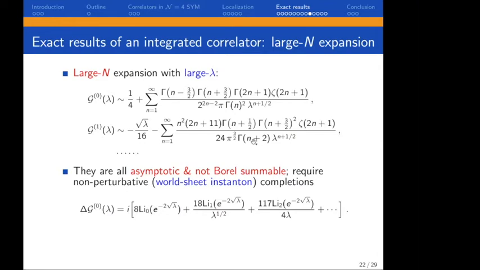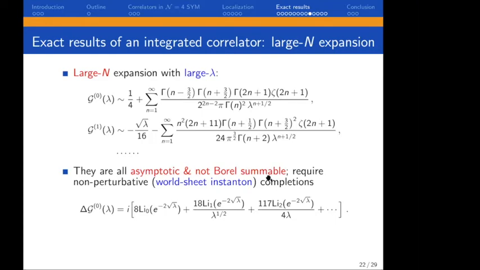Now those series, as you can probably see from the many gamma functions in the numerator, are asymptotic. Furthermore, they're not Borel summable, roughly speaking because there's no alternating sign. If there were a (-1)^n, that would probably make it Borel summable. However, in this case, they are not Borel summable.